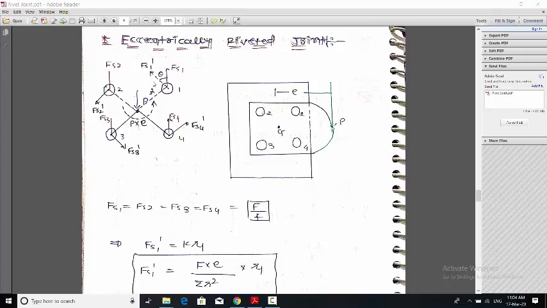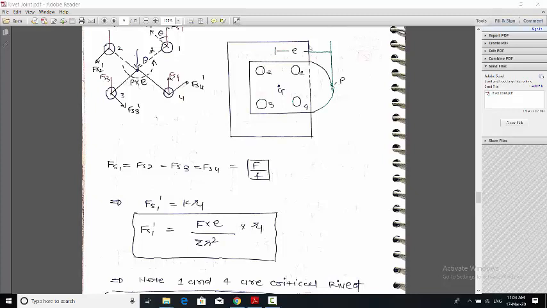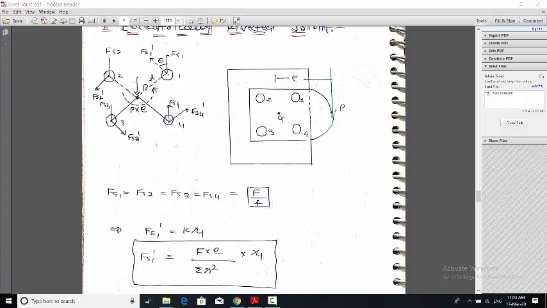The first is FS1, the primary shear force, but the secondary shear force has a direction perpendicular to the radius of curvature. The primary shear force is the overall force divided by 4, and the secondary shear force is the moment, P into e, upon the summation of r square. It means you have to take the summation of the radius squares, r1, r2, r3, r4.